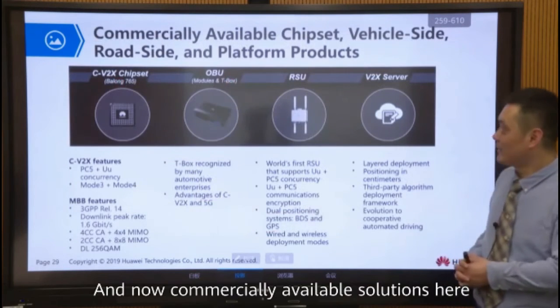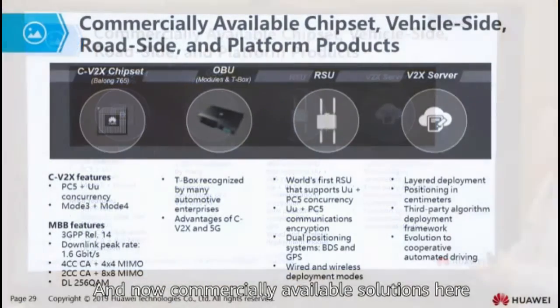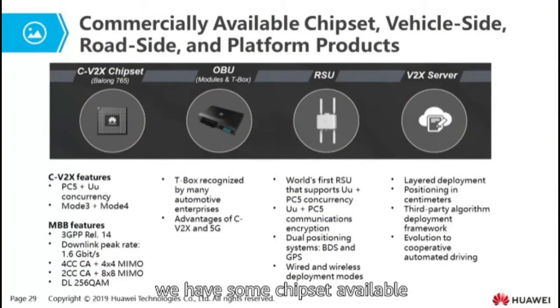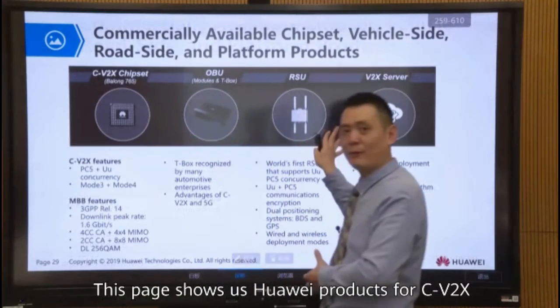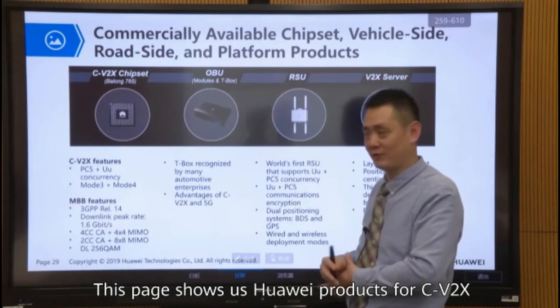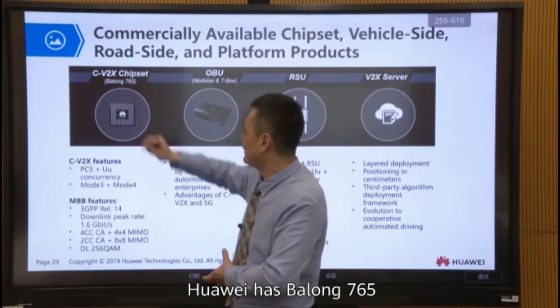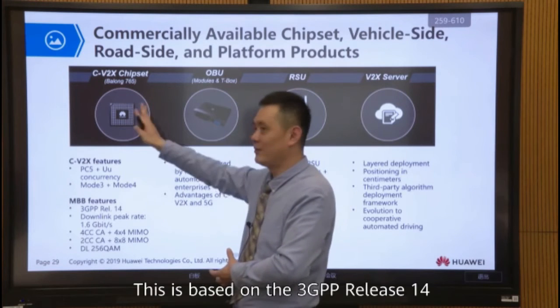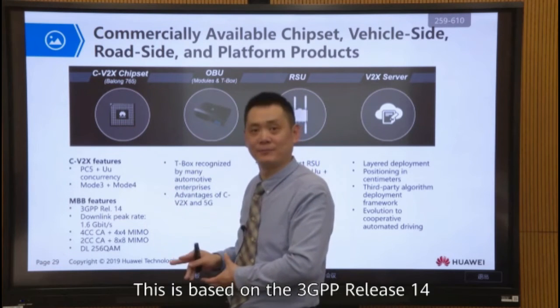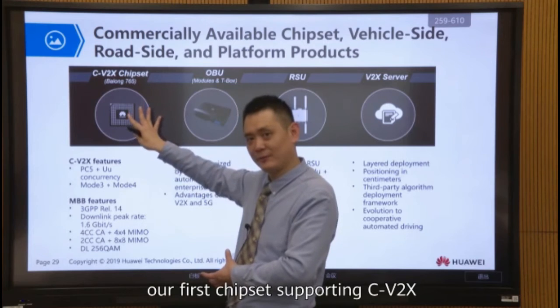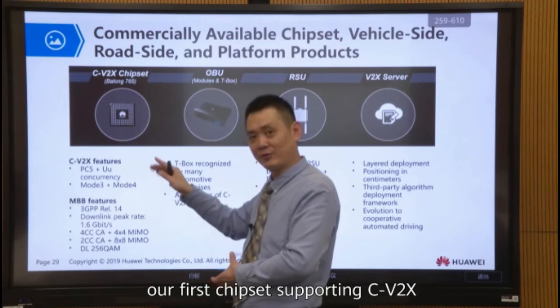And now commercially available solutions. Here we have some chipsets available. This page shows us Huawei products for CV2X. Huawei has Balong 765. This is based on 3GPP release 14. It is the first chipset supporting CV2X release 14, world first.